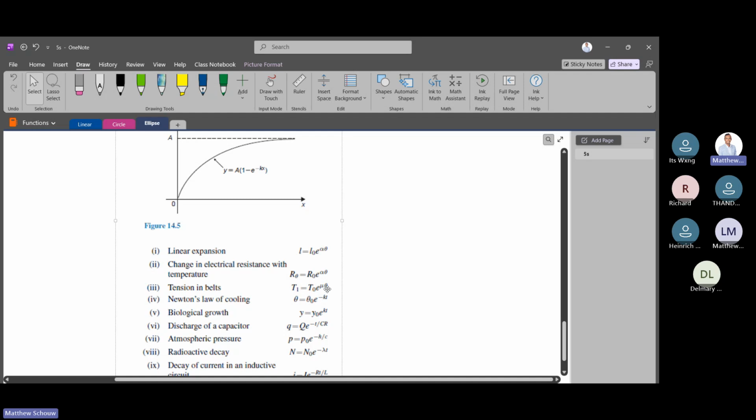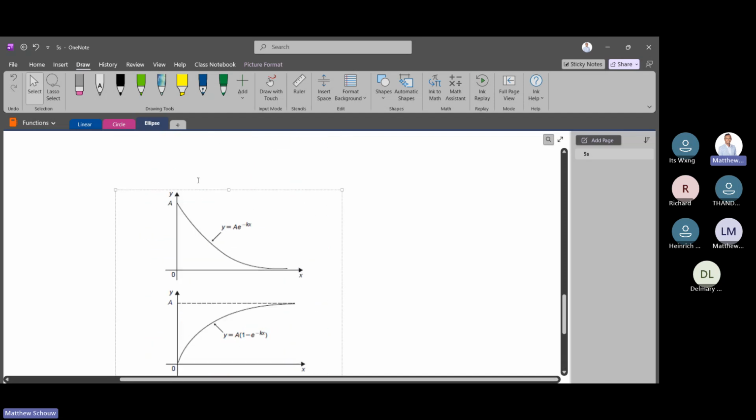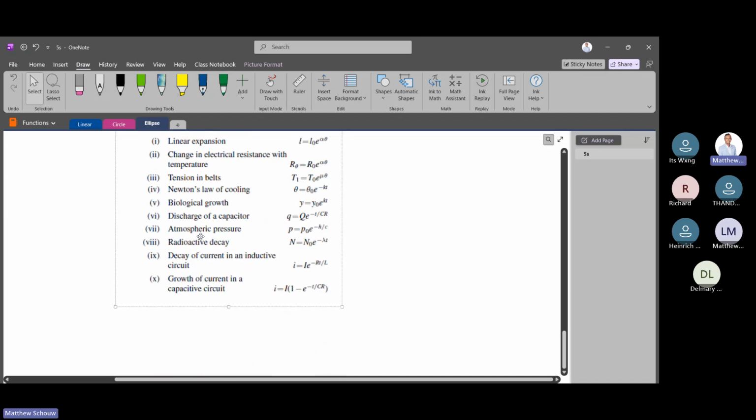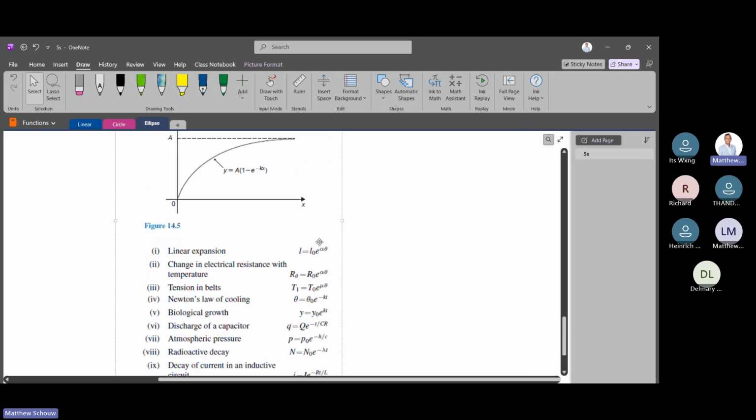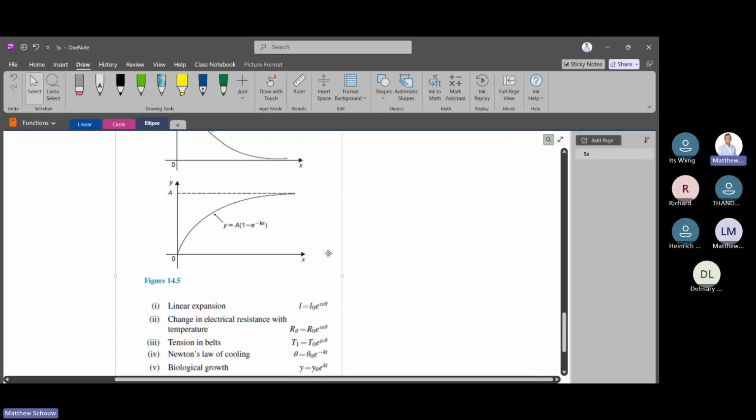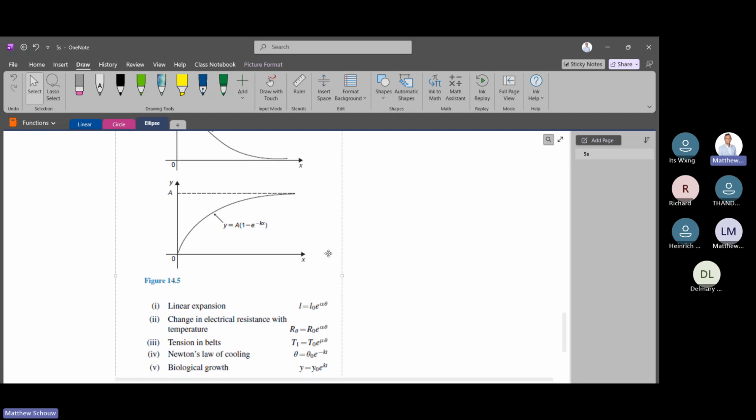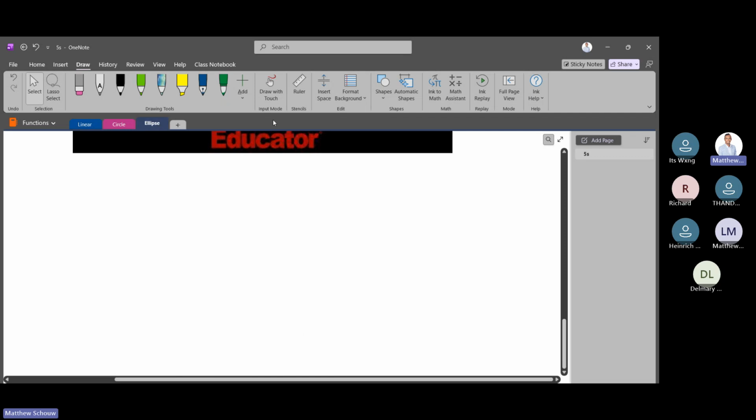There's tension in belts, Newton's law of cooling, biological growth, discharge of a capacitor. Atmospheric pressure is not linear, it's exponential, as you can see. Decay of current in an inductive circuit, growth of current in a capacitive circuit. Very important. Even with the COVID pandemic, they are using functions in relationships like this to predict and so on.